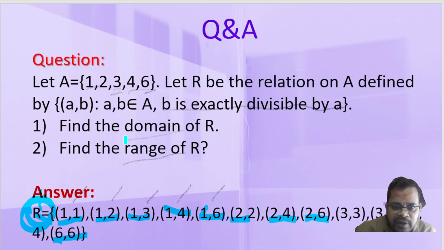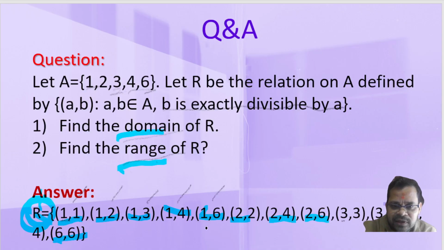Now we have to find the domain and find the range. We have just studied that the domain is the set of first elements of the ordered pairs. Here you see in these pairs the first element is 1, 1, 1, 1, 1, so only 1 will come. Then 2, then 3, then 4 and 6.